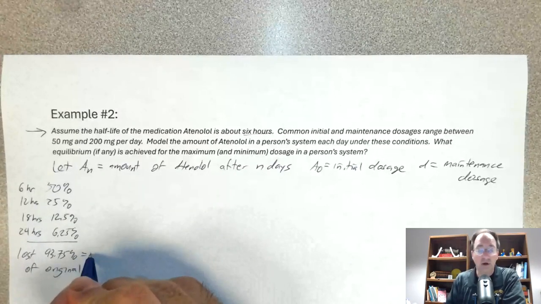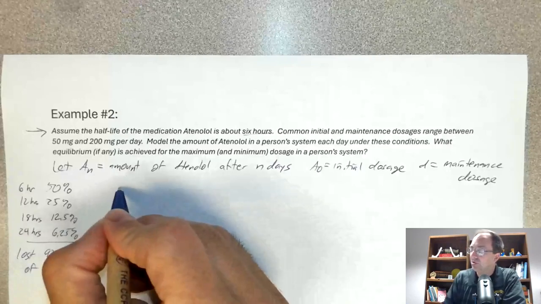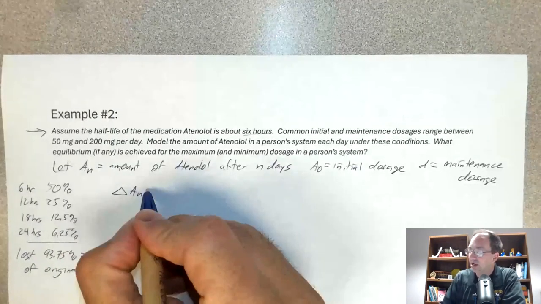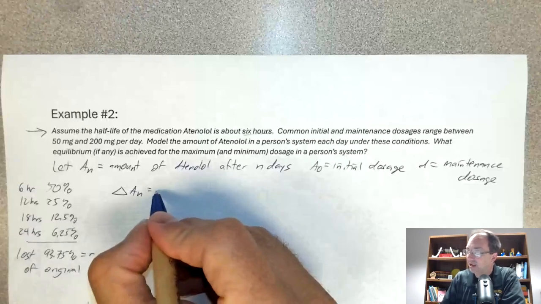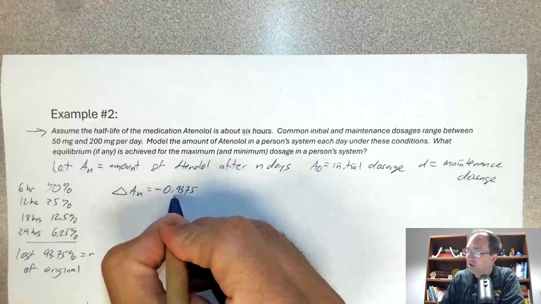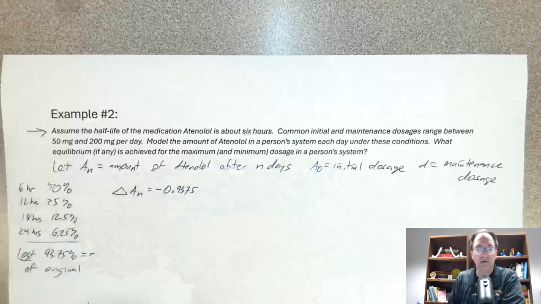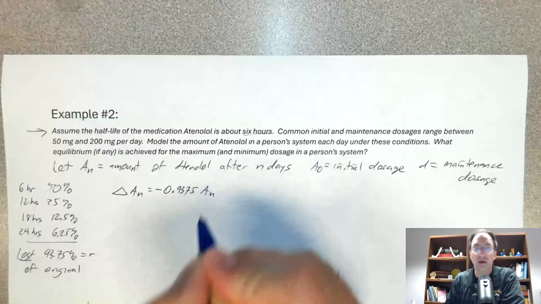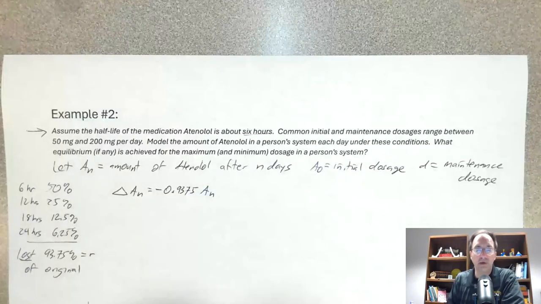So in other words, this is our R. If we want to model how the amount of atenolol in our system has changed, it's R, or in other words, negative 0.9375, because we've lost, so that makes R a negative value. We've lost almost 94% of what we started with.